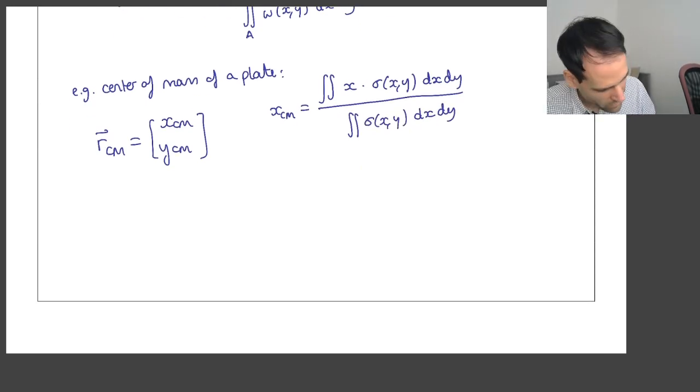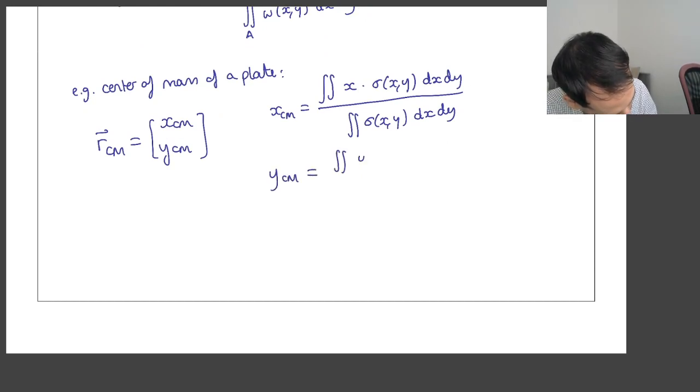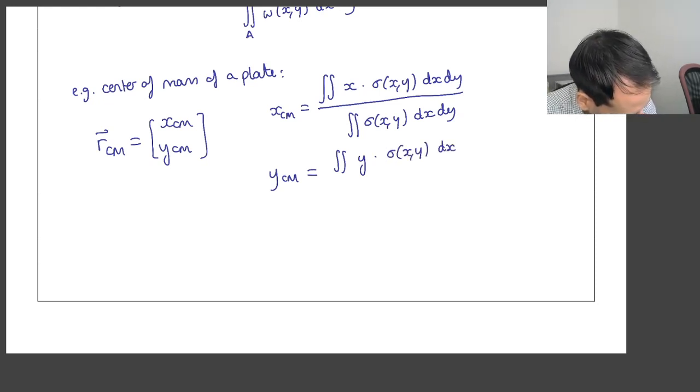Okay, and similarly for y. So this is the weighted average of the y position multiplied by the density divided by the double integral of just the density.